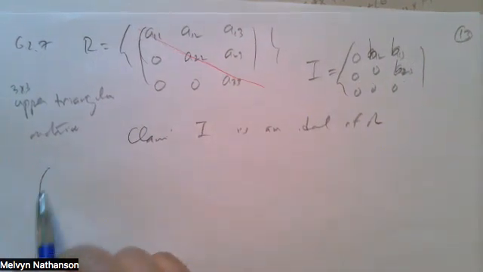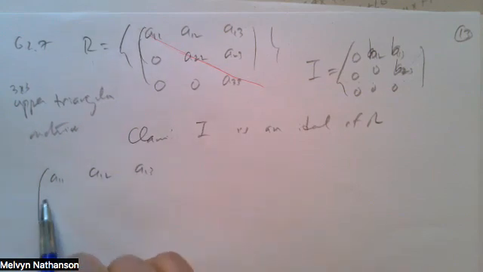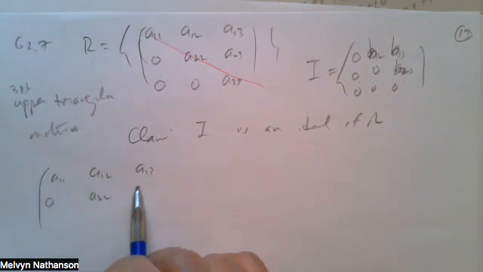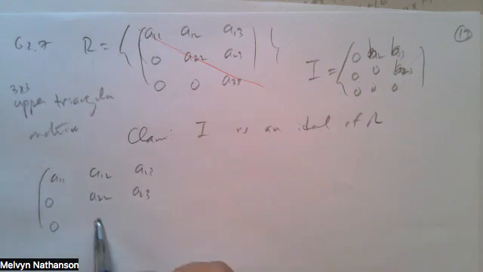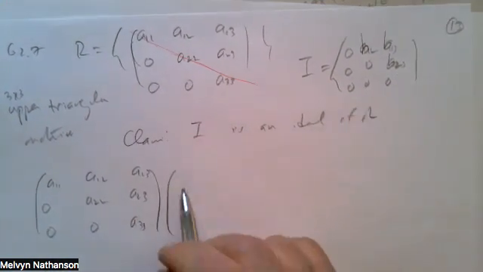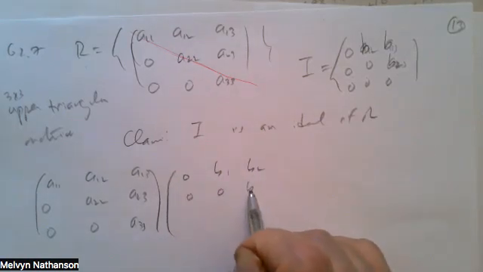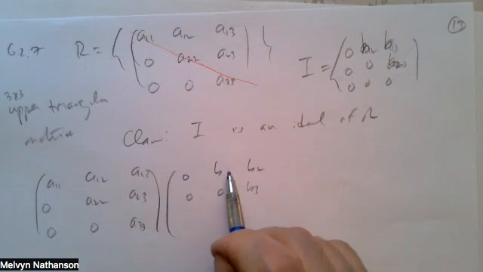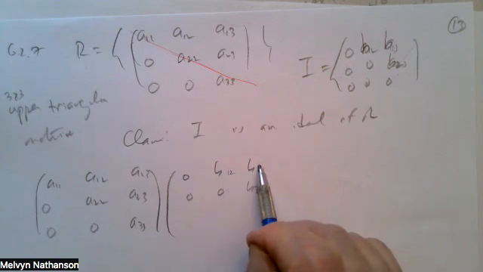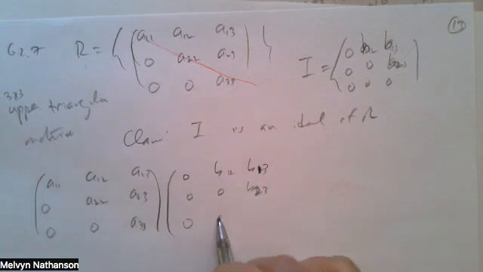So suppose I take a matrix A11, A12, A13, 0, A22, A23, 0, 0, A33. And I multiply a matrix like this, 0, B12, B13, 0, 0, B23, and 0, 0, 0.